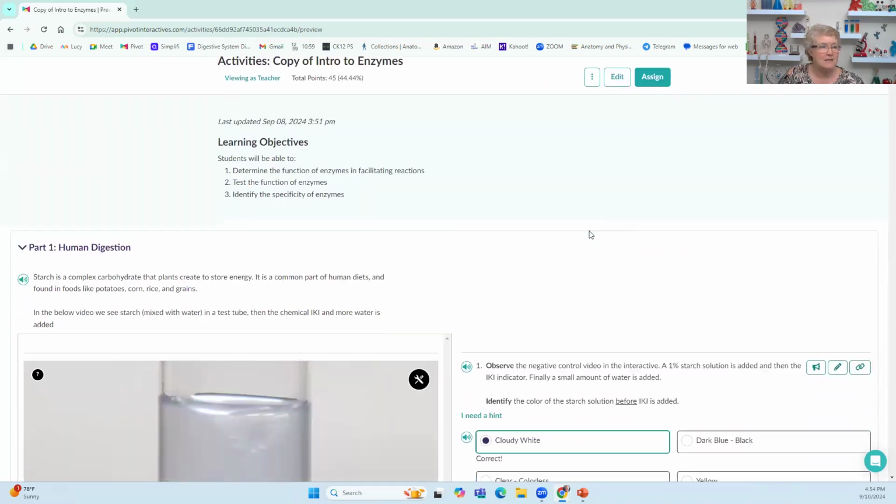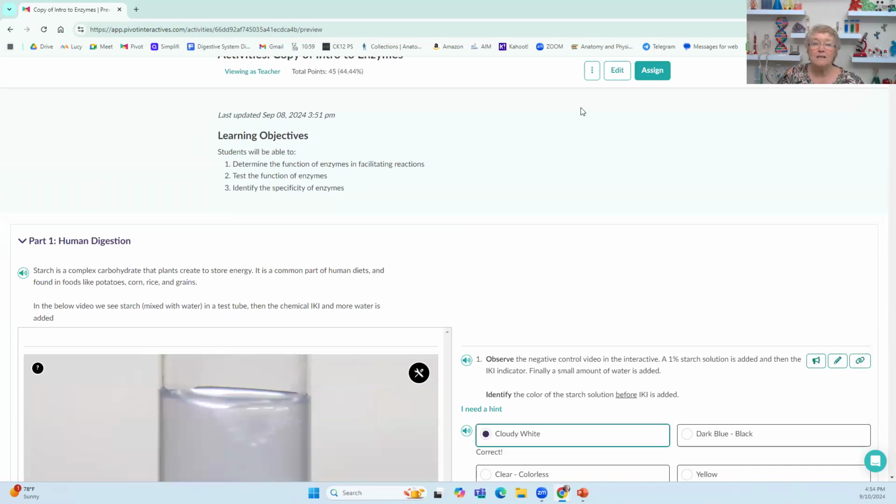I don't have one because this is the teacher account, but there should be one that says save and exit. You can save your work if you can't finish it all right now and then come back later. You will enter by going to pivotinteractives.com and then you will put in your username and password and it should take you right back to that page where you'll see the activity that we just did.